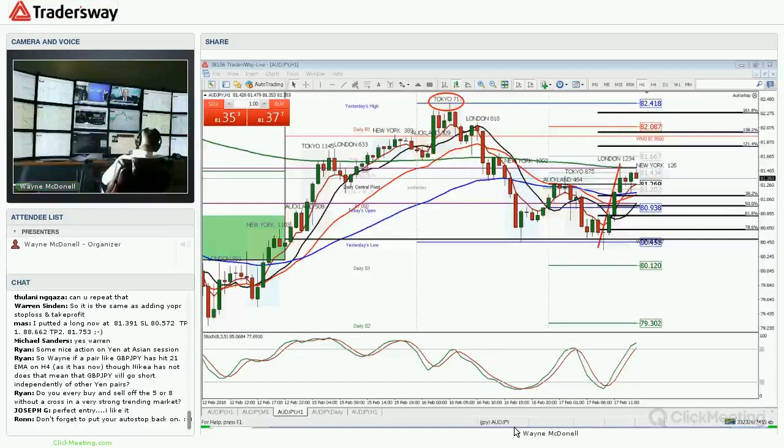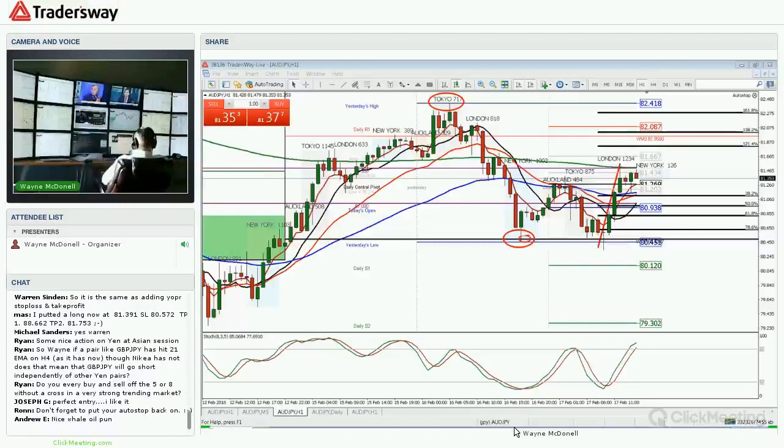Check this out. This is New York equity close. Isn't it interesting? It sold all day. This pair fell all day until trading in New York stopped. Guess what happened?